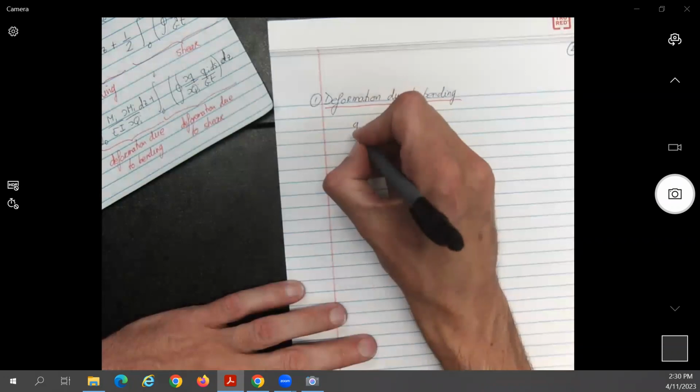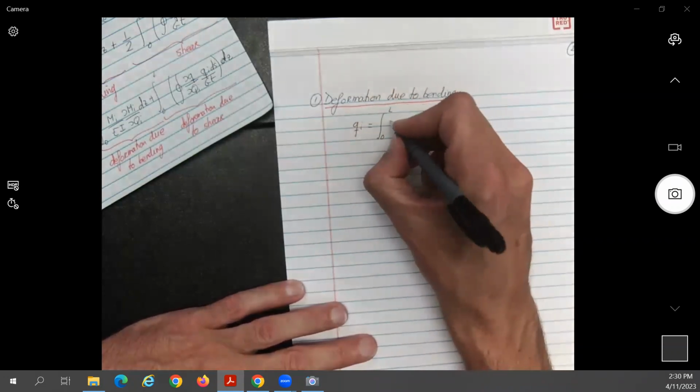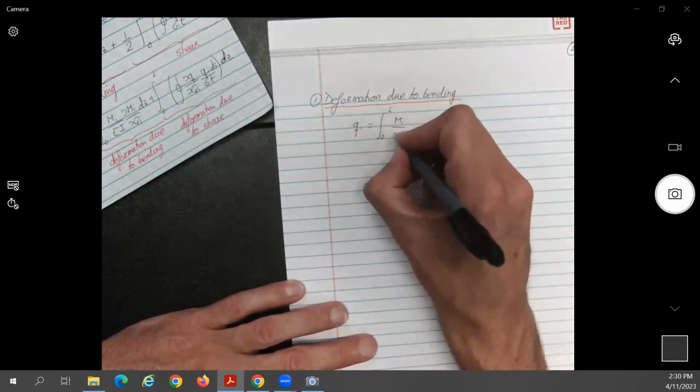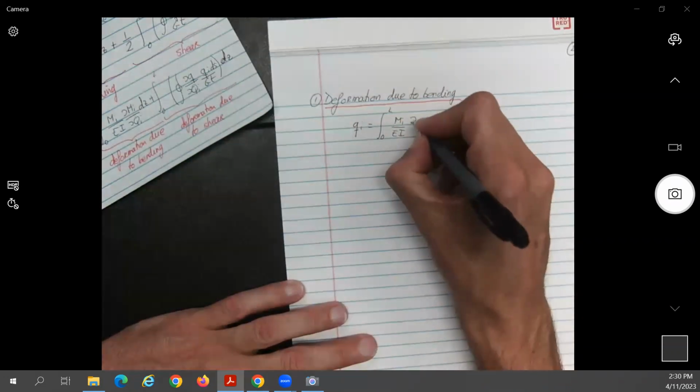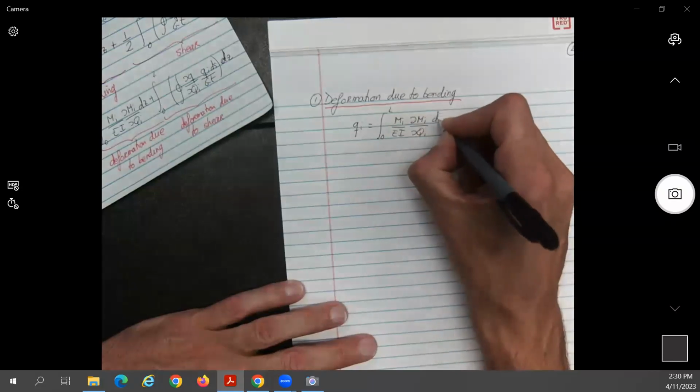That will be the expression Q_i equal integral 0 to L of M_i over EI, partial of M_i over partial Q_i.